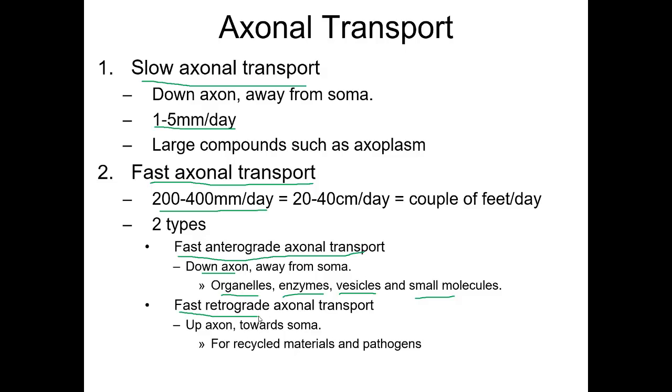So it goes both ways. It goes up the axon. So it goes downstream as well as upstream. So if any pathogen, so if someone was to get meningitis or an infection of some kind, it happens both ways. So fast axonal transport is reserved for those instances wherein the body has to handle these things fast and quick.